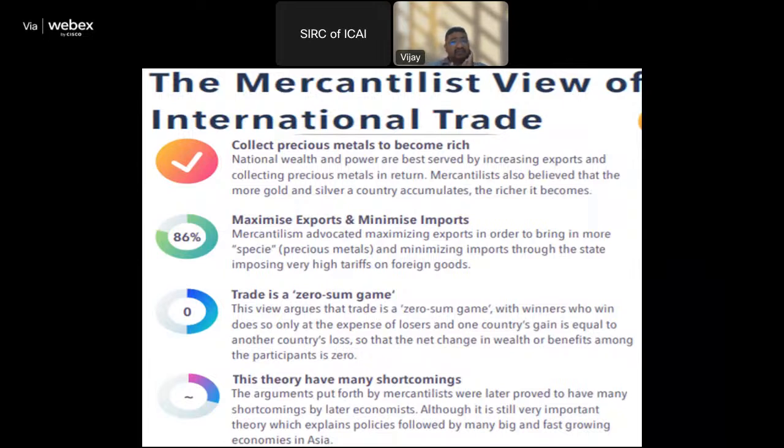The developed nation will have the capacity to export goods.